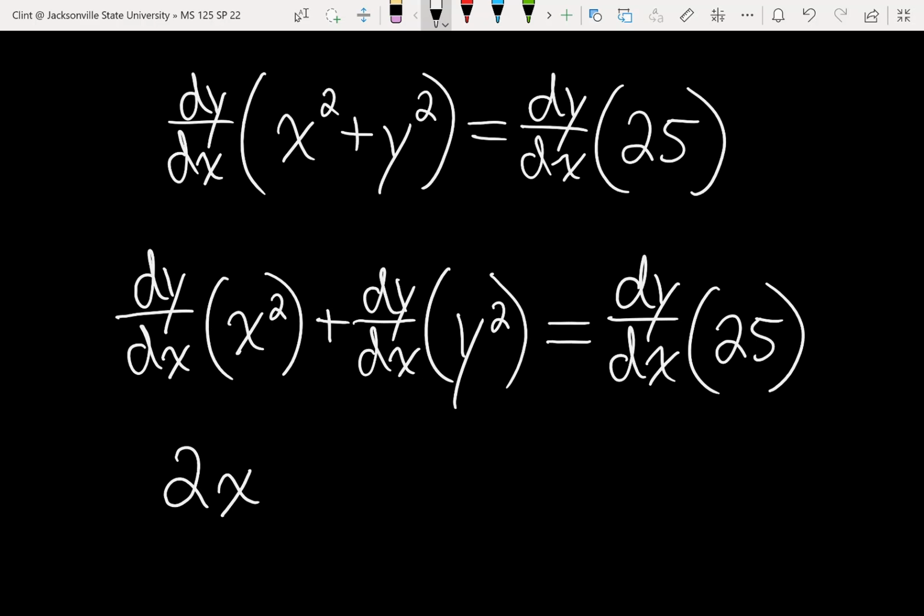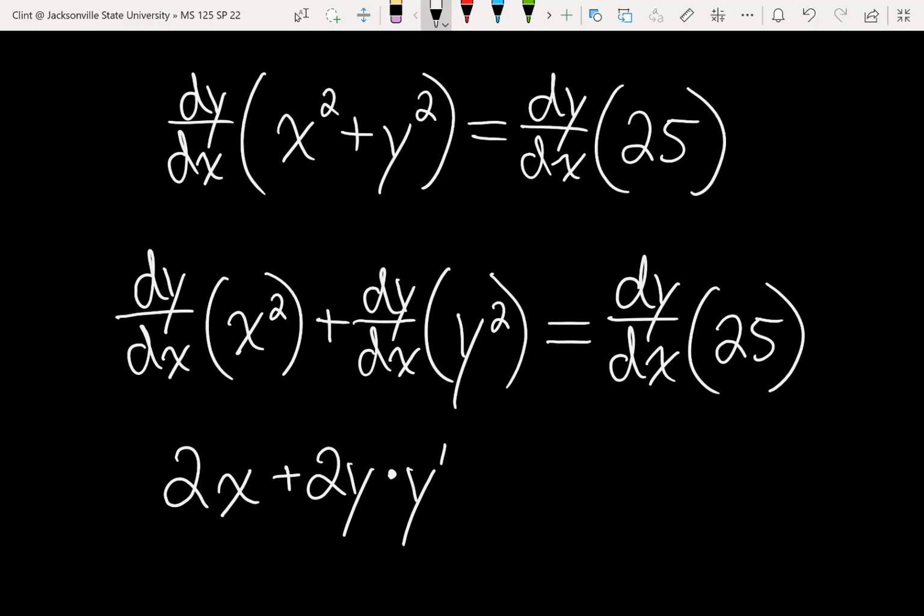So if we wanted the derivative of the y squared part, that would just be 2 times our inner function, which is y, and then times the derivative of the inner function. The derivative of our inner function we could call y prime, or you could say dy dx.